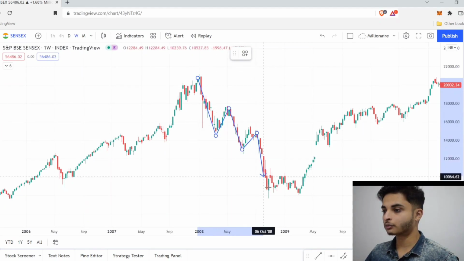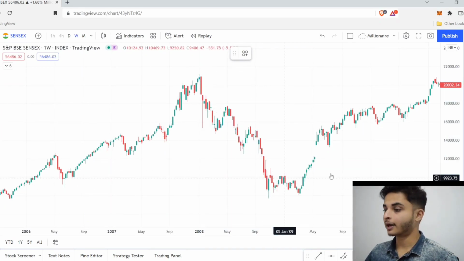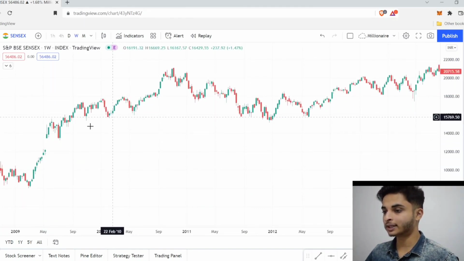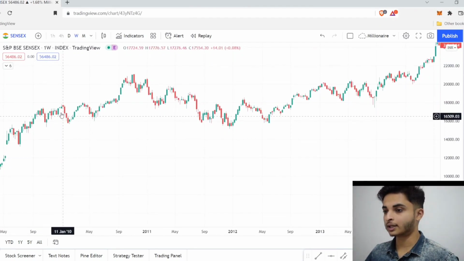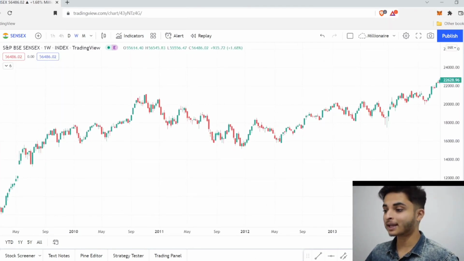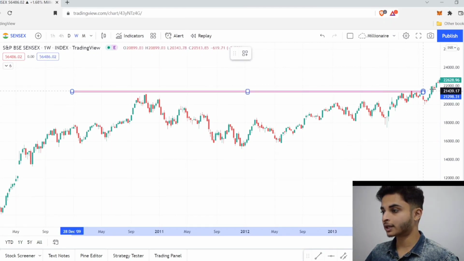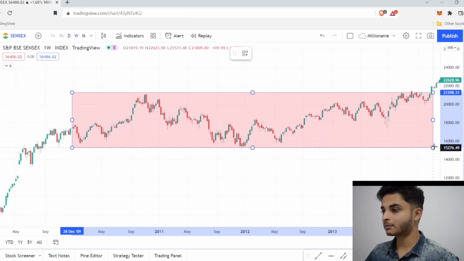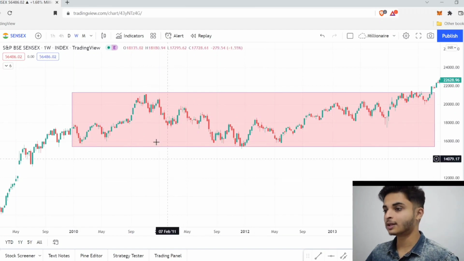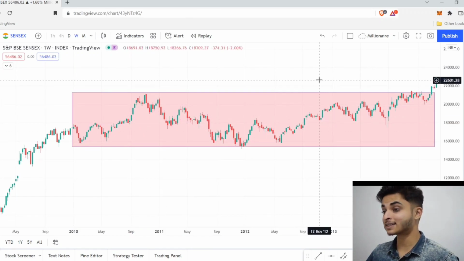This is what we consider as a bear market. And talking about sideways market, अगर आप देखते हो from 2010 to 2014 market was in a complete sideways motion. It did not make any new highs. So from 2010 to almost the end of 2014, you can see market was inside a range without making any new highs or lows. And this is what we consider as the sideways market.